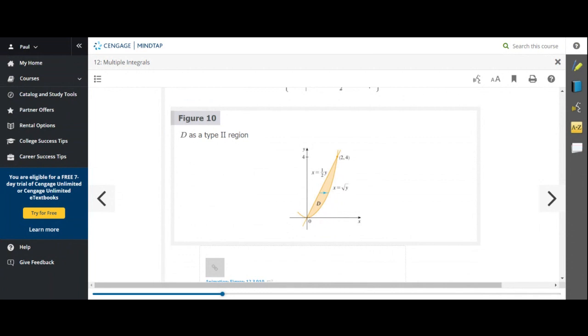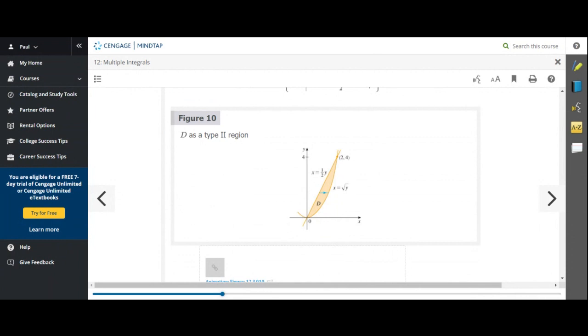The function on the left was originally y equals 2x, but you can write that as x equals a half y. And the function on the right was y equals x squared, but you can write that as x equals the square root of y. You're writing x as functions of y to get these sideways functions.